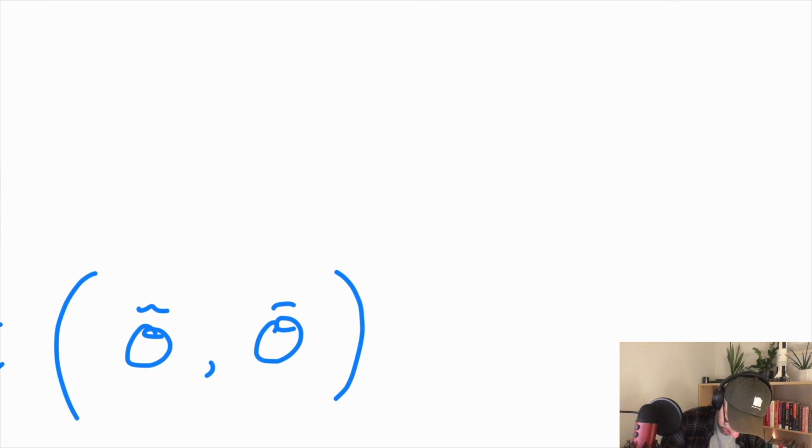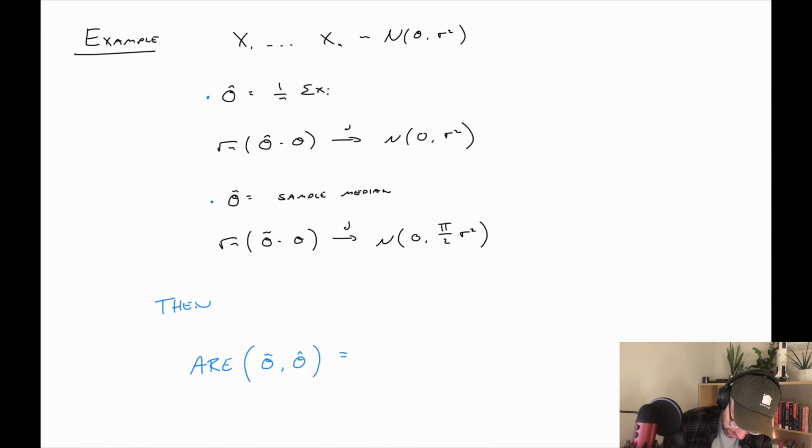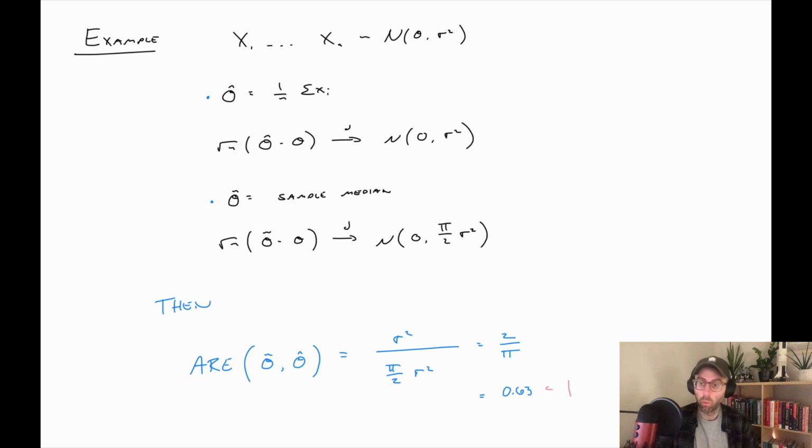That would be the variance of this one divided by this one. I think the sigmas cancel, and we get 2 over pi, which is close to 0.63. And I want to note that this is less than 1. That's because the variance for the MLE is smaller than the variance for the median.